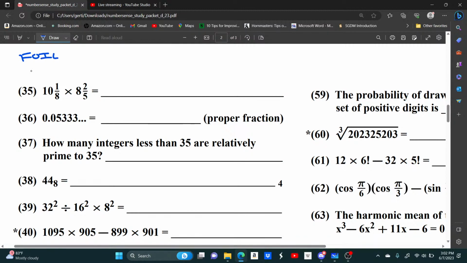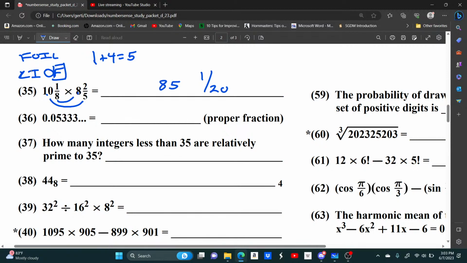Because we're doing number sense, we use more of a LIFO setup. First, multiply the fractions: 1/8 times 2/5 is 1/20. Then multiply the insides and the outsides: 1/8 times 8 is 1, and 10 times 2/5 is 4, so together that's 5. But you have to carry that 5. Finally, the firsts: 10 times 8 is 80, plus 5 is 85.